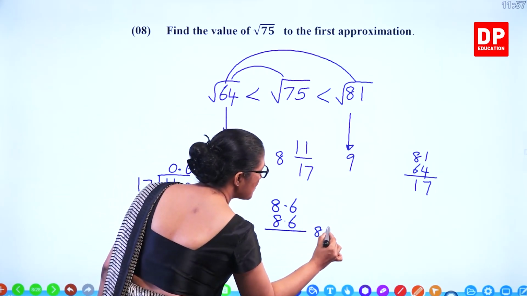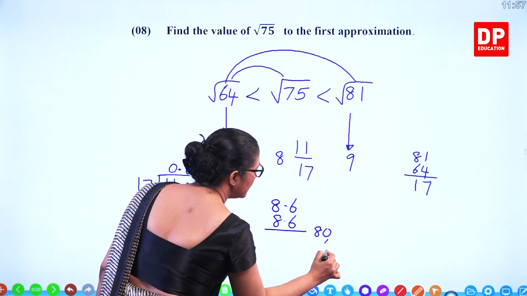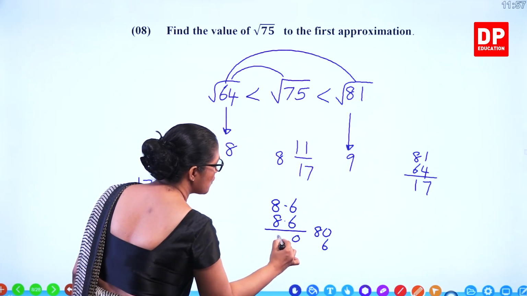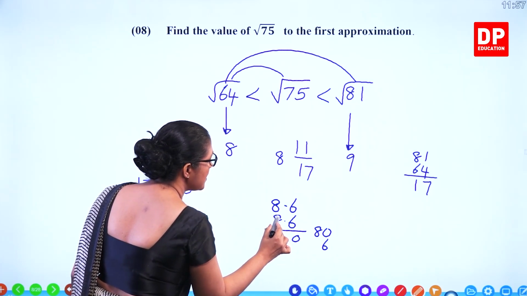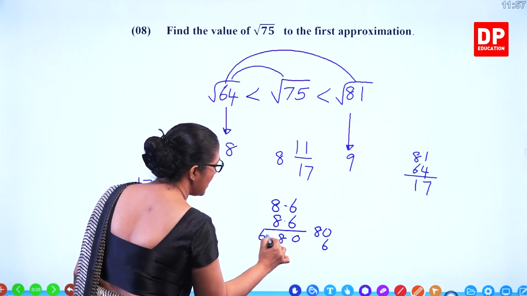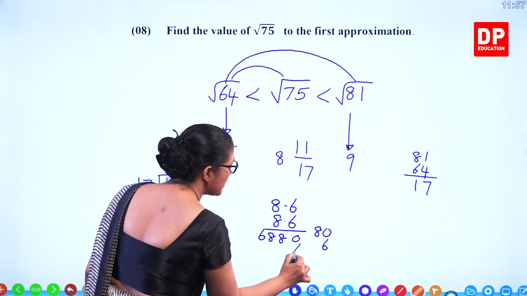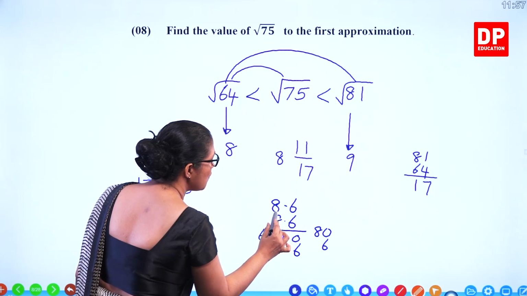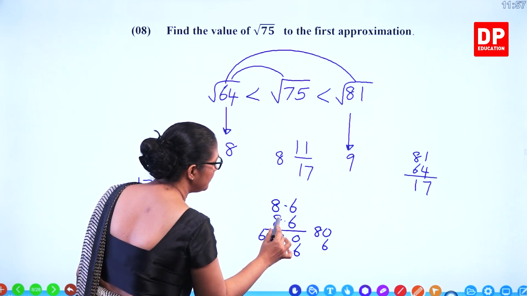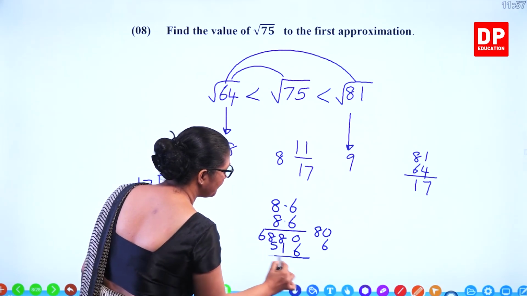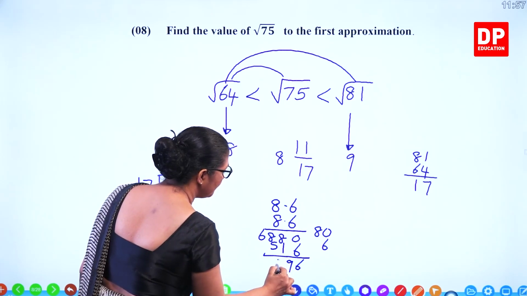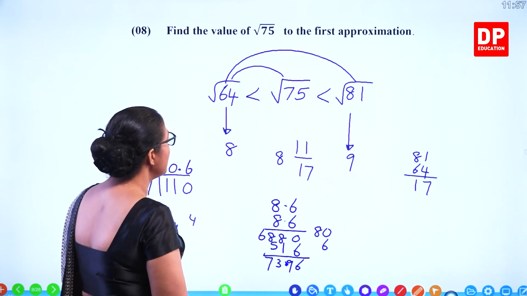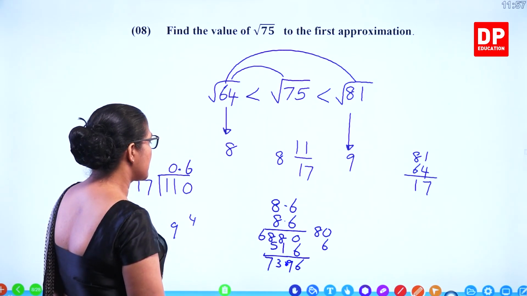So 86 times 86. 8 times 6, 48. 8 times 8, 64 plus 4, 68. 6 times 6, 36. And 6 times 8, 48 plus 3, 51. And then 2 decimal places. So 73.96.